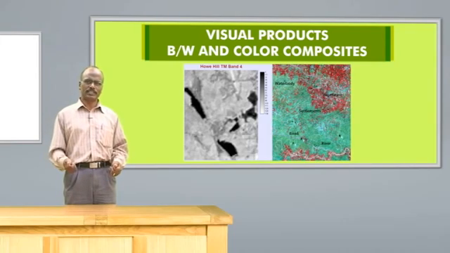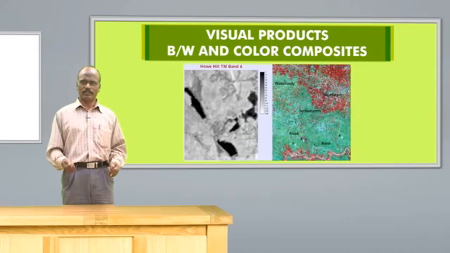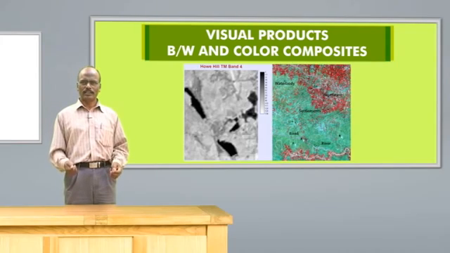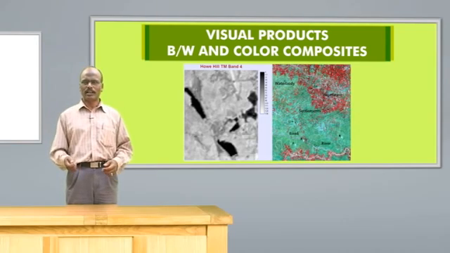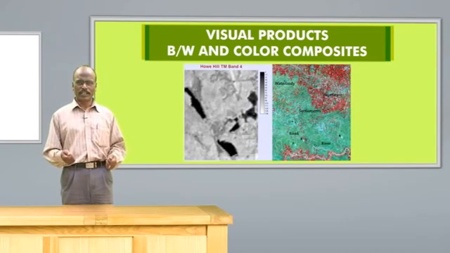On the right hand picture, you see that it is like a color picture, and this is made by using three bands of reflected energy, and this particular depiction is called false color composite, and here green band, red band and infrared band reflectance are used.